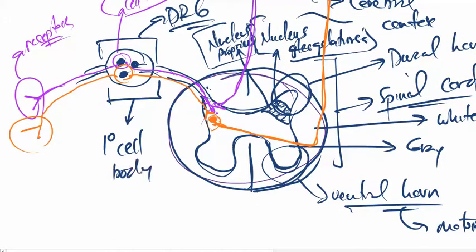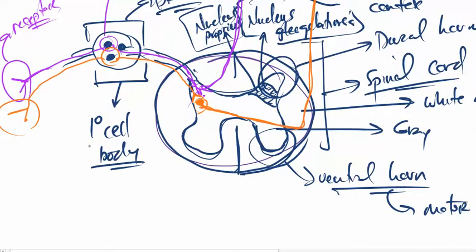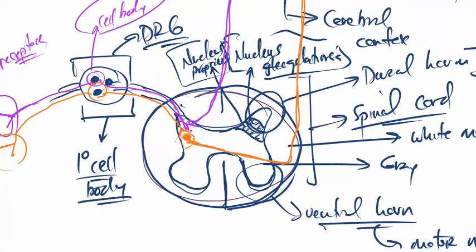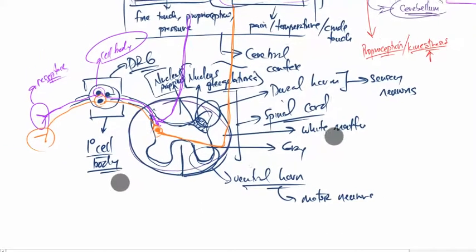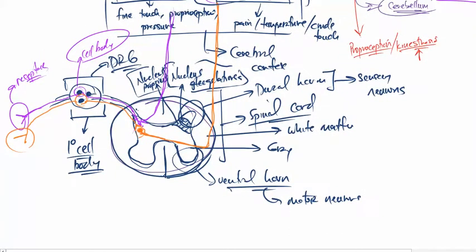In regards to this spinothalamic tract, one of the things that's come up is the notion that you can see it's crossing, the notion of pain or symptoms contralateral to the side of the lesion.